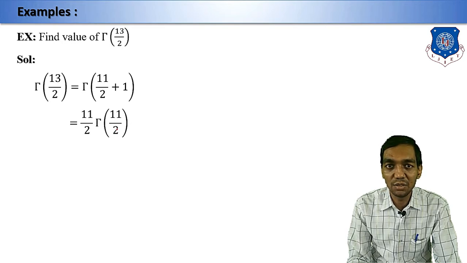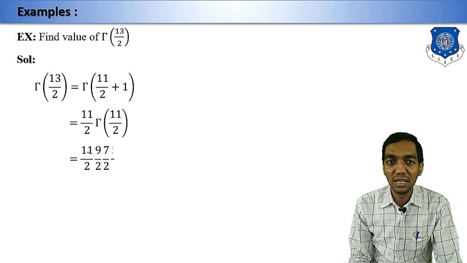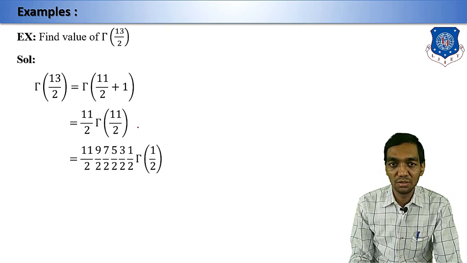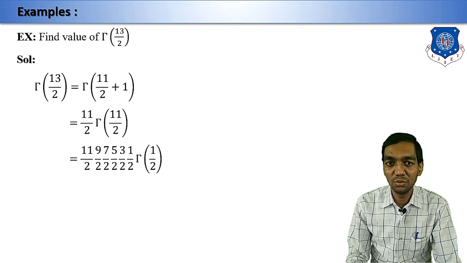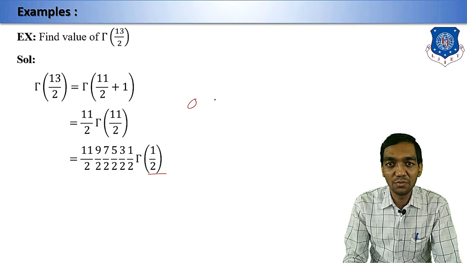Again write 11/2 in the form 9/2 + 1, and that will give you 11/2 into 9/2. If you continue that way, then you will have 11/2 into 9/2 into 7/2 into 5/2 into 3/2 into 1/2, and last you have gamma 1/2. We reduce this gamma until the value inside is between 0 and 1.